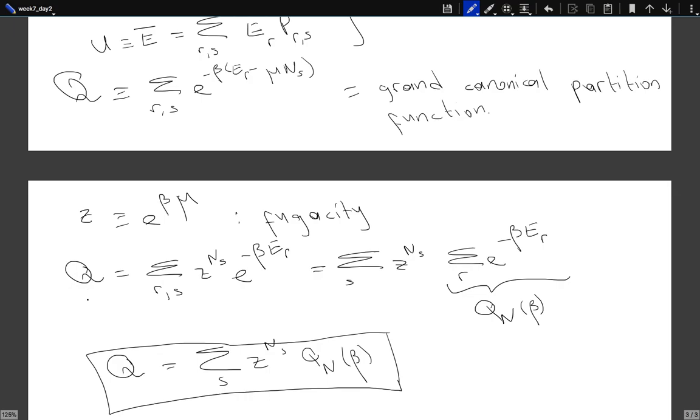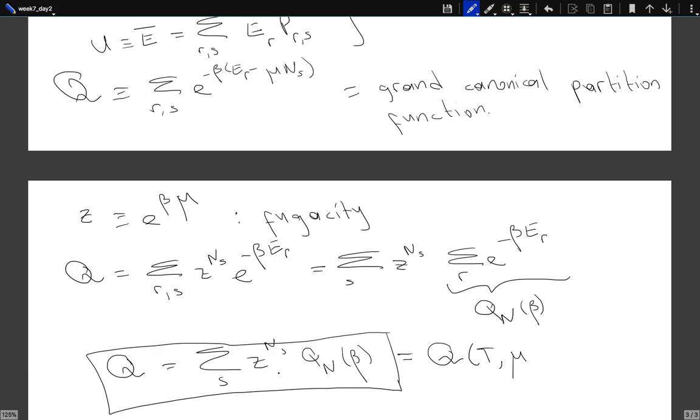Now, this grand canonical partition function depends, of course, on the temperature. It depends on temperature, well, there's a beta dependence. Beta is just the inverse temperature. It depends on mu, or Z, if you like.